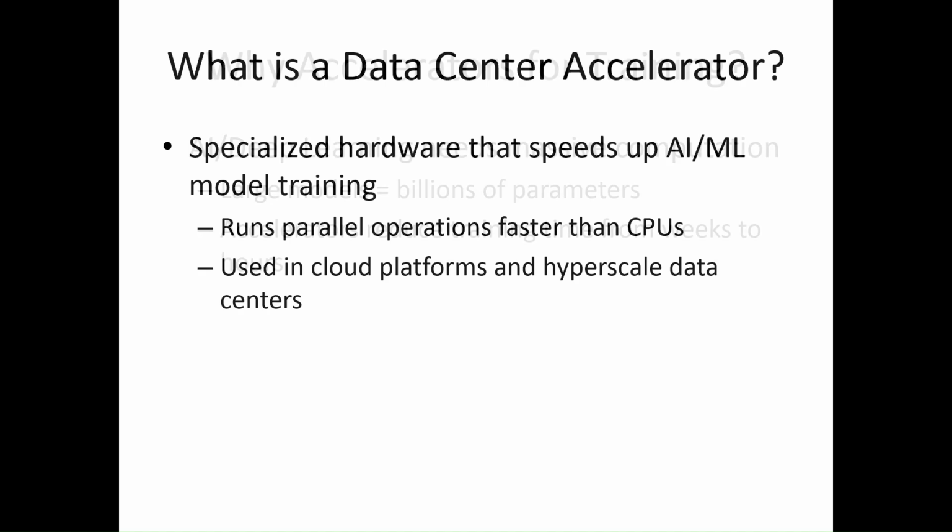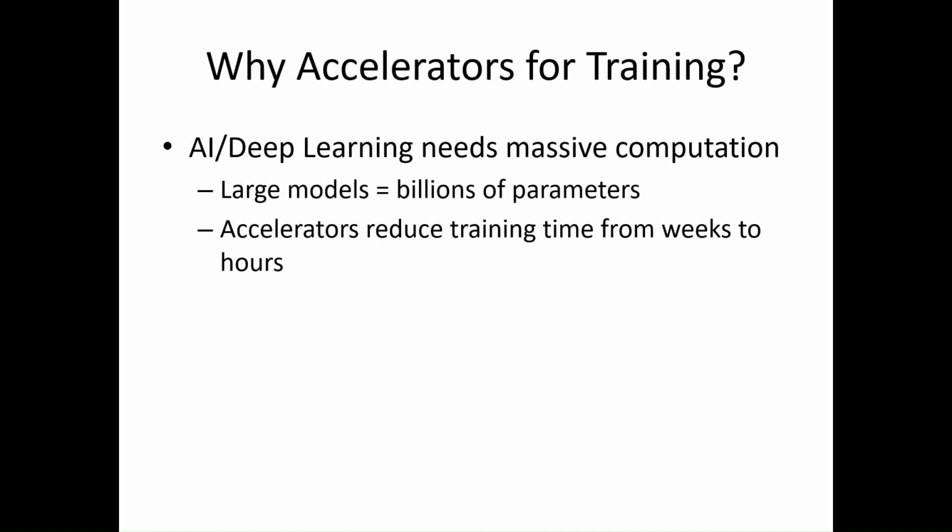Next topic: why accelerators for training. Training deep learning models requires huge compute and memory bandwidth. We know a model with millions or billions of parameters can take weeks on a CPU. Accelerators cut that down to days or hours only, by running many operations at once and moving data faster between memory and compute units.